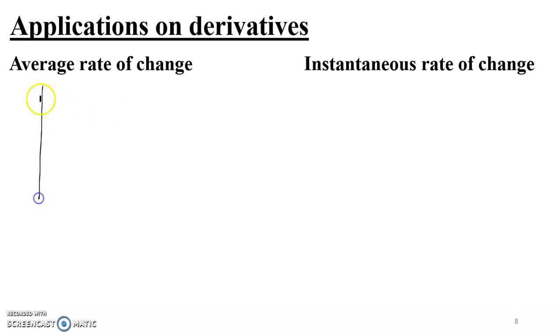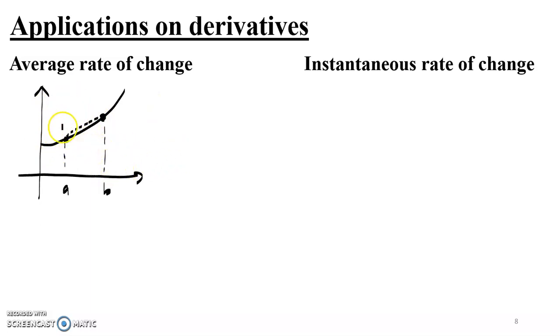If I were to start by sketching a function, considering two points on the curve, A and B, the average rate of change between A and B would be given by the slope of the segment joining these two points, because the average rate of change is the change in y divided by the change in x.